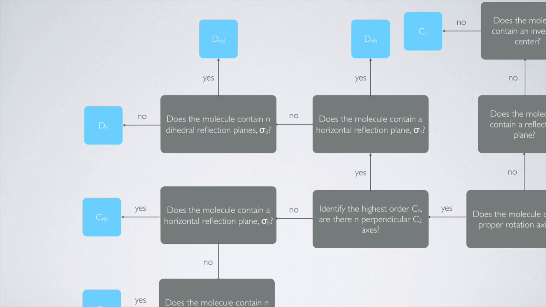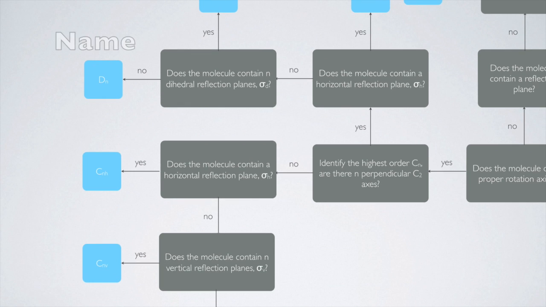So then we go on through that. Does the molecule contain a horizontal reflection plane? No, there's puckering. So we go to no there. Does the molecule contain vertical mirror planes? So the answer is yes. So it's a Cnv, and in this case that would be a C4v.